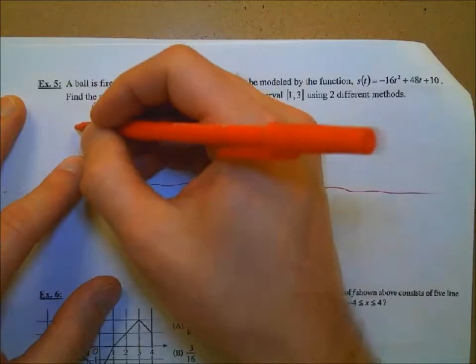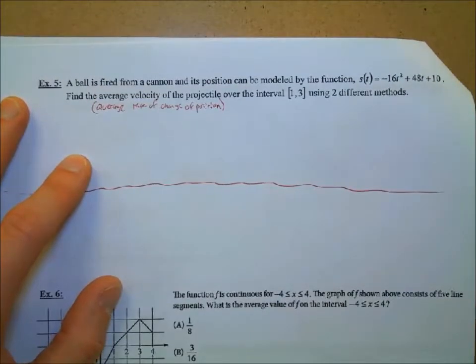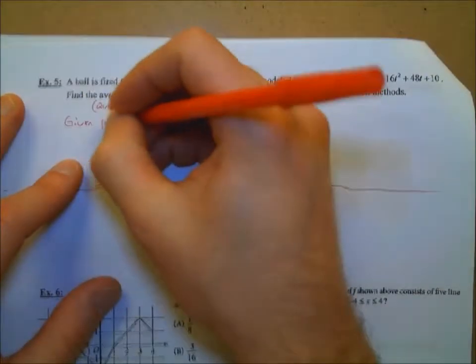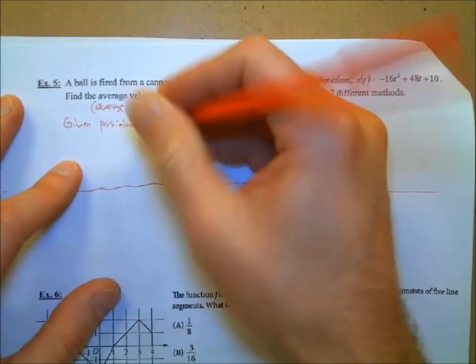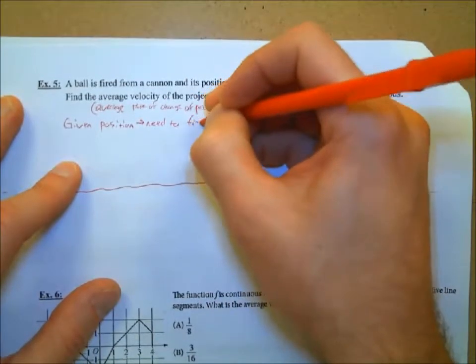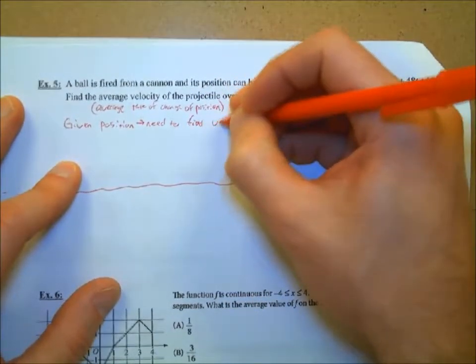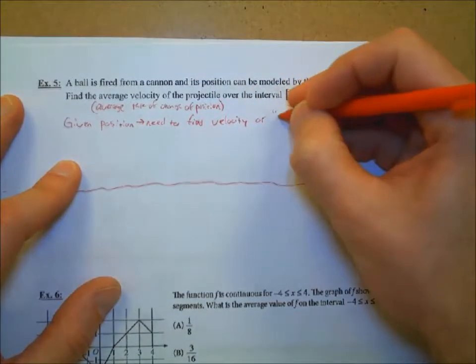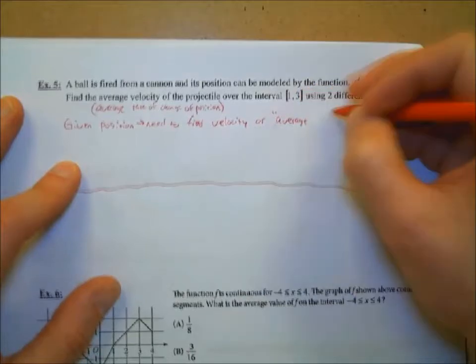Let me make sure I write this right. We're given position, and we need to find velocity, or the average rate of change of position.